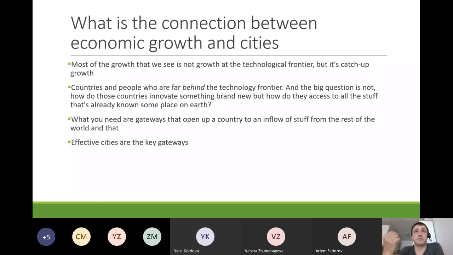Basically, they are not only building capital, they are adopting the production processes which are available in the developed world, and they just start using them.